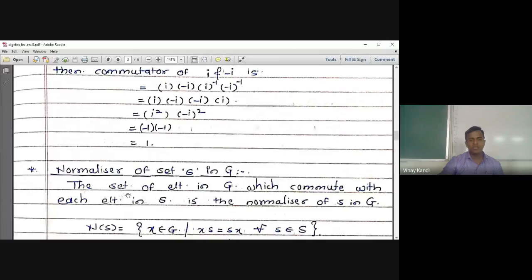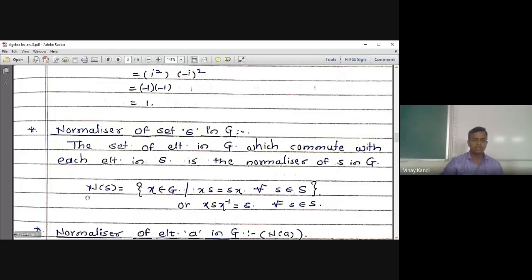The set of elements in G which commute with each element in S is the normalizer of S in G. It means N of S is a subset of G. By definition, x belongs to G.